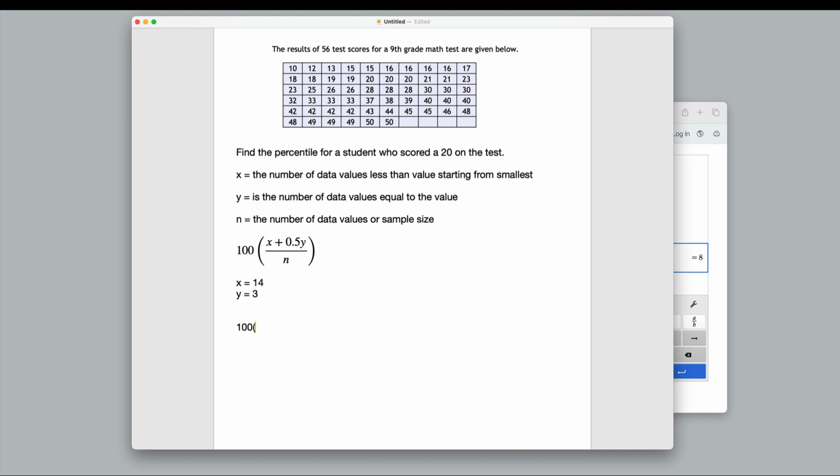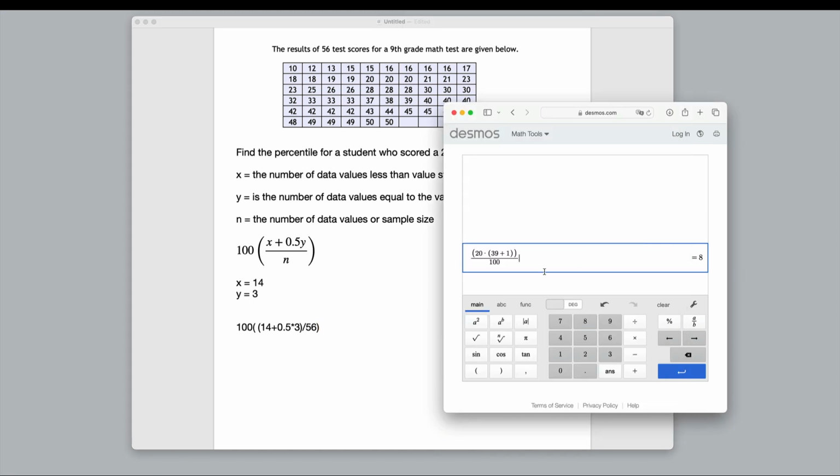Now we just punch this into our formula. We get 14 plus 0.5 times 3, divided by n. n is, in this case, 56, because that's how many data values we got. Let's punch that into decimals here: 100 times (14 plus 0.5 times 3) divided by 56.